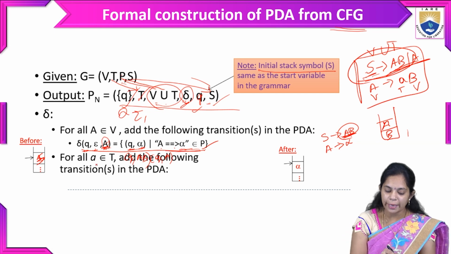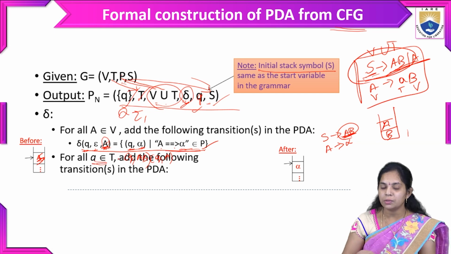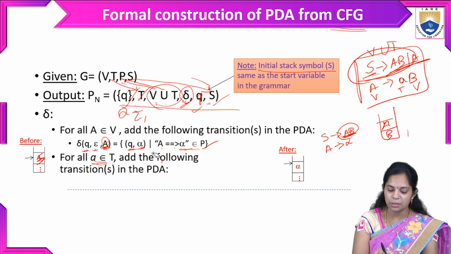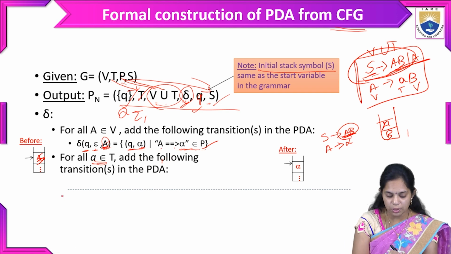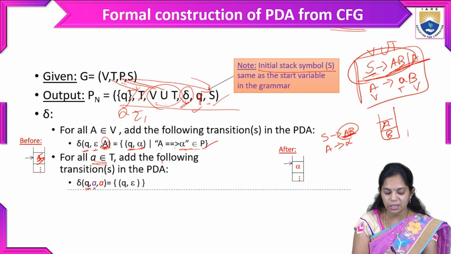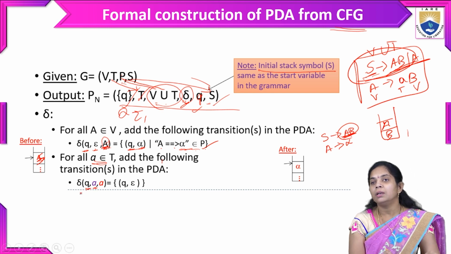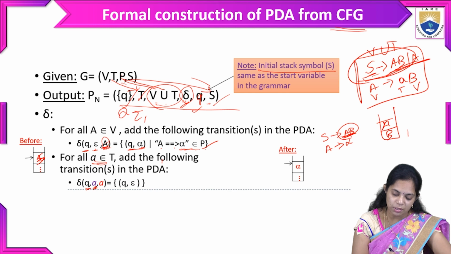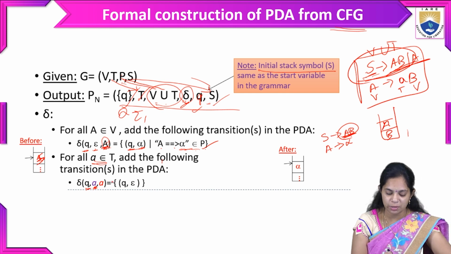And for all A tends to terminal, in the production rule, suppose here the transition of Q, present state, and the terminal. This is the input symbol, A is the input symbol, and here the top of the stack symbol.